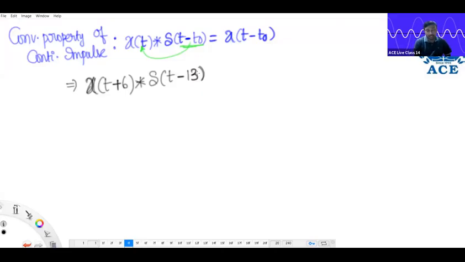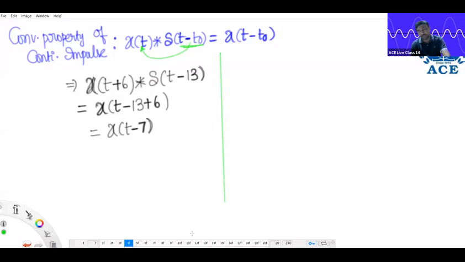So directly in the signal expression, t is replaced by t minus t naught. Any signal convolved by a shifted impulse means the respective signal is shifted by that much amount. Directly here in place of t, substitute t minus t naught.